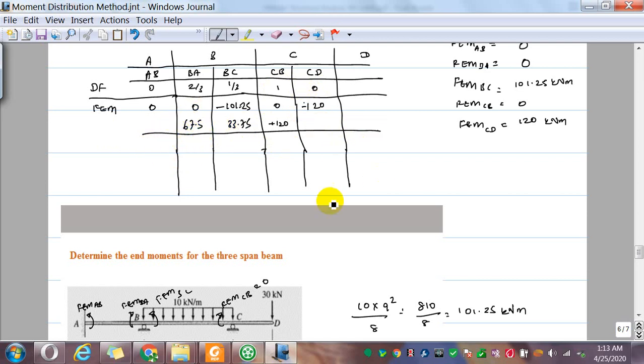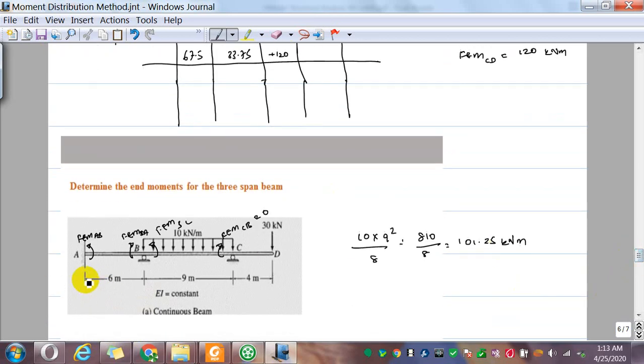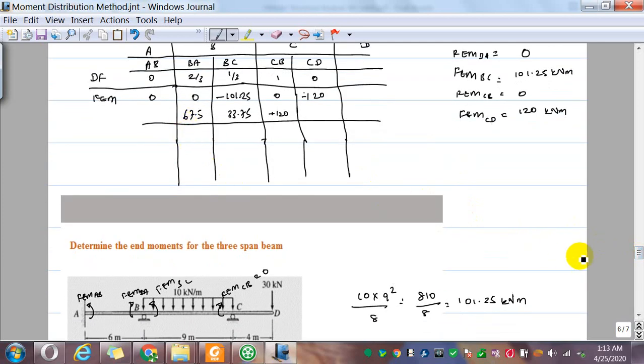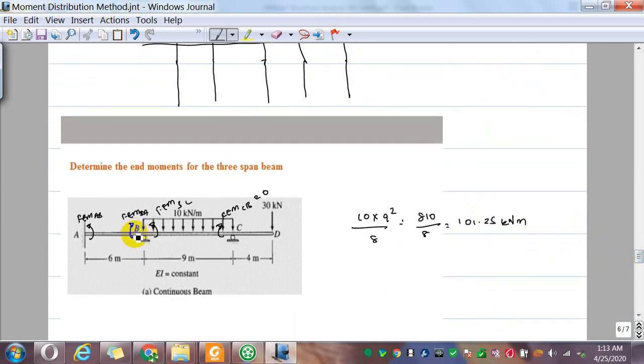So now we know that there is a moment transfer, or carryover moment, that happens. If there is a moment at BA at support B, then there will be a rotation at A, and that rotation needs to be prevented. For example, here we have a moment BA of 67.5, which is clockwise because positive.